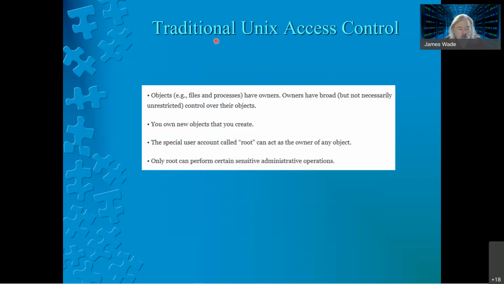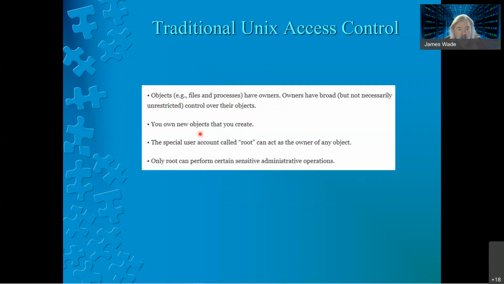So traditional Unix access control, we have objects, which are files and processes that have owners. And the owners have broad control over their objects, meaning if you're the owner, you can do what you want with it. You own new objects that you create.